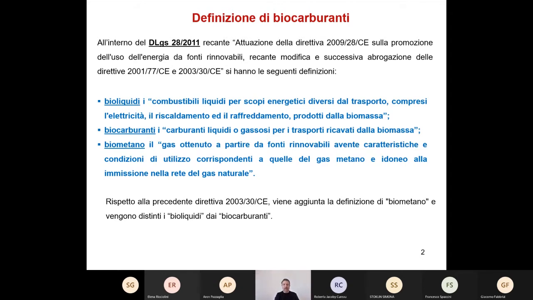Okay, so this is the difference, which is very difficult to translate into English, because in English we use biofuel for every kind of biomass final product. But in Italian there are two different words to explain this difference.